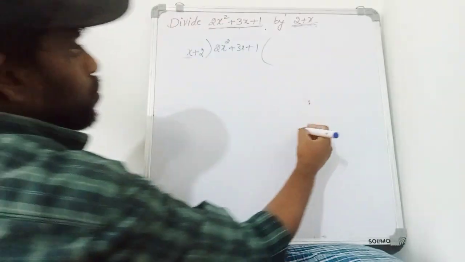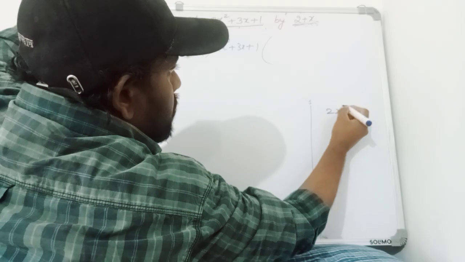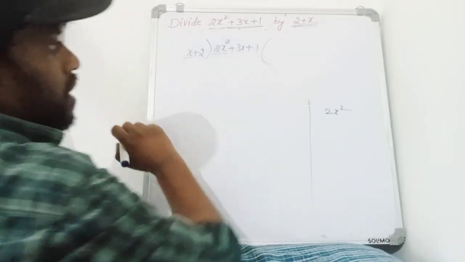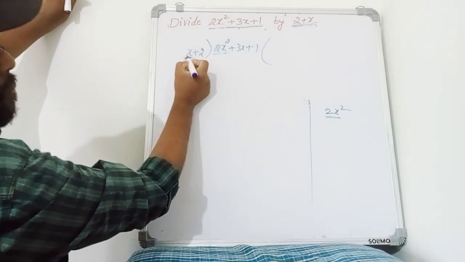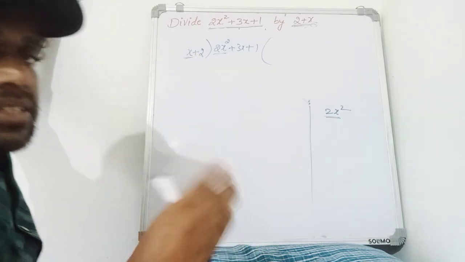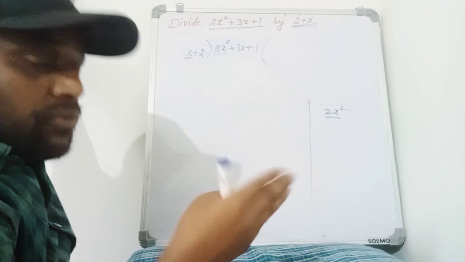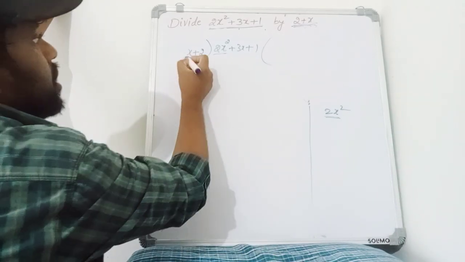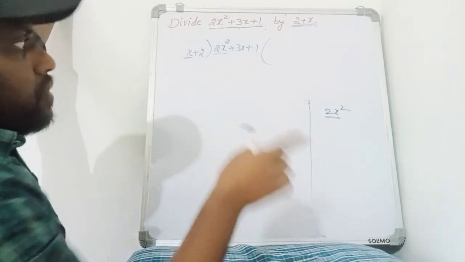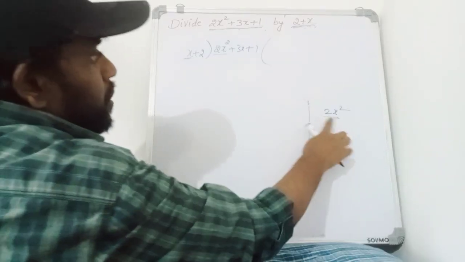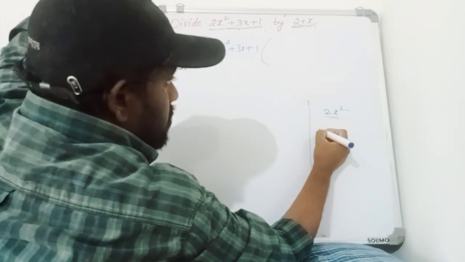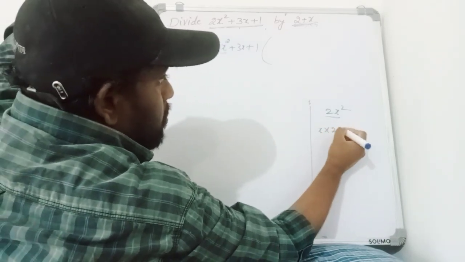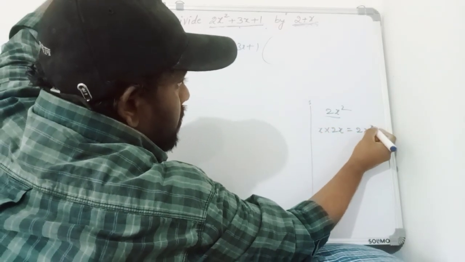To get another 2x square here, first consider we want 2x square. To get 2x square, we have to multiply the first term of this divisor by some variable or number. Just think about it. When you multiply this x by that, we should get 2x square. What is that? 2x, right? See, take this x. If you multiply this x by 2x, we get 2x square.